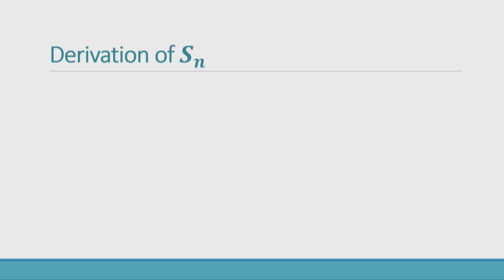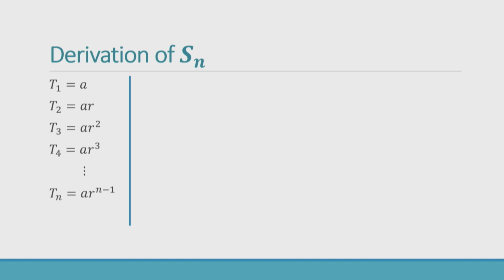Now, let us see how we can derive the formula for Sn. You will remember that T1 is equal to A, T2 is AR, T3 will be AR square, T4 is AR cube, and in general, Tn is AR power n minus 1. So now, S1 means the sum of the first term.